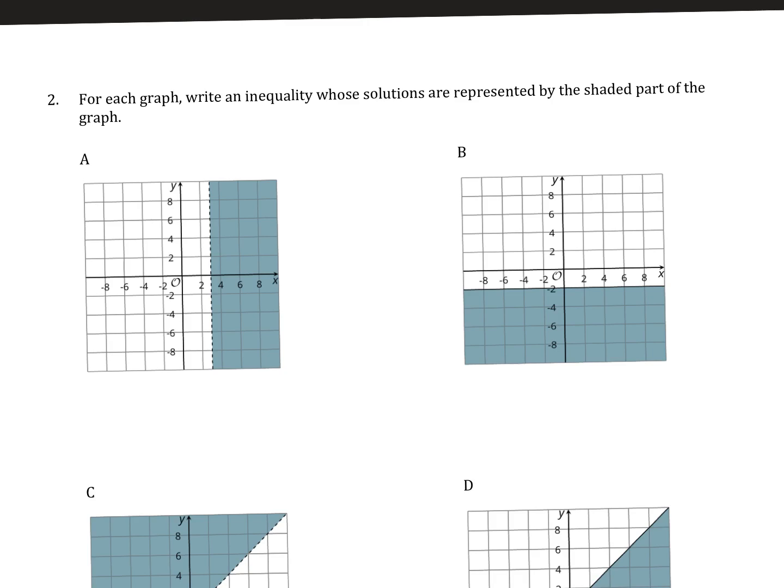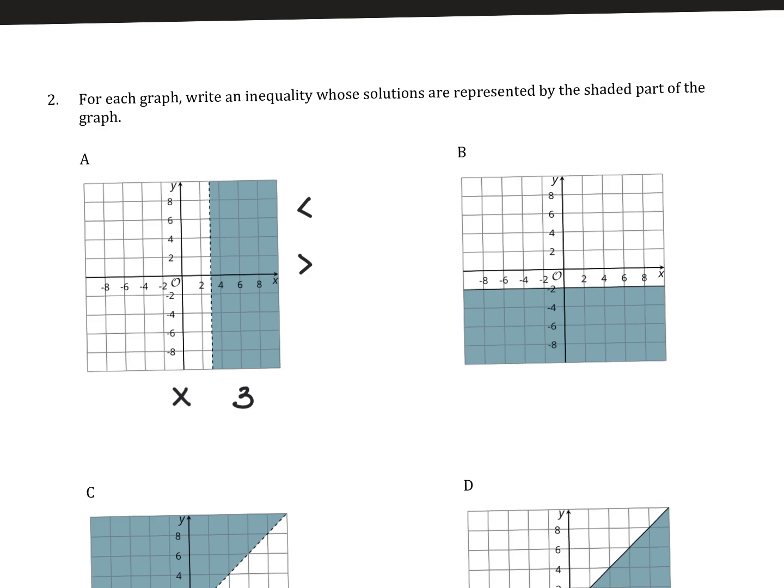So when we look at this first graph, this is a vertical line. It goes through the x-axis at 3. So anytime you have a vertical line, the equation just has an x in it because it's only going through the x-axis. If I look at my inequality, this is a dashed line, so I know it's either going to be less than or greater than.